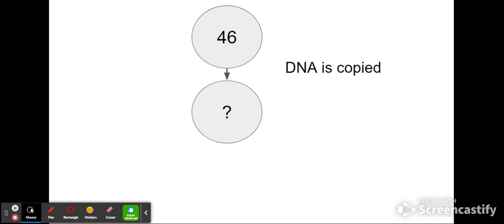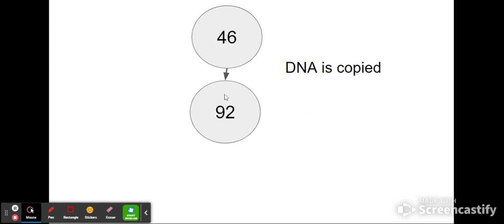You get 23 from your mom and 23 from your dad. Now remember, before we can divide, our DNA gets copied. So if we copy all these chromosomes and we had 46 to start with, how many are we going to have after we copy them? We're going to have 92.